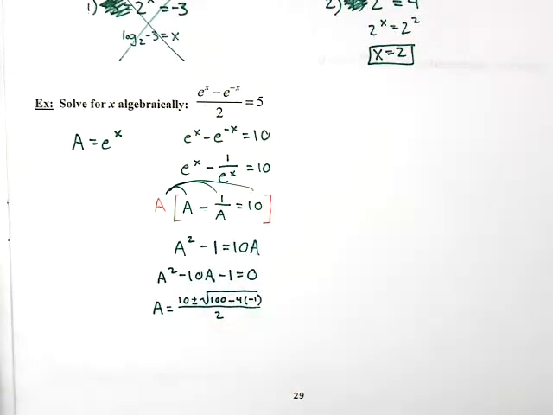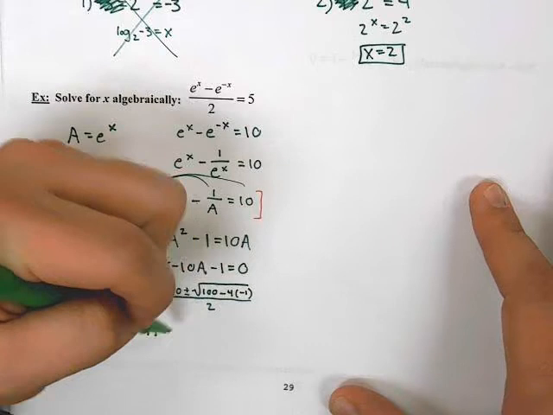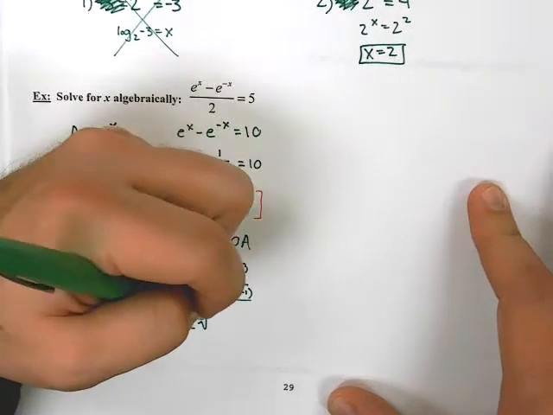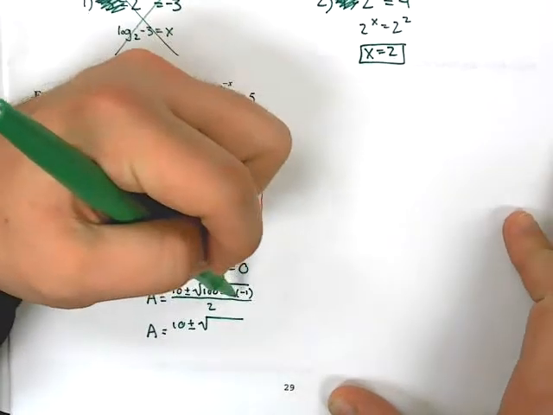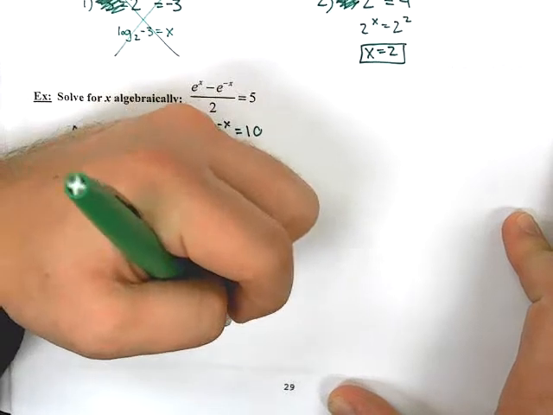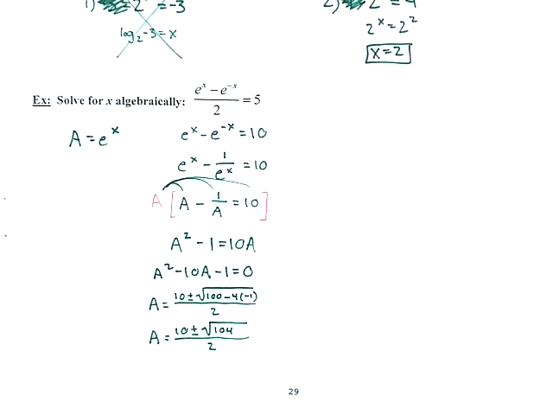Okay, good, this is easy. a is equal to 10 plus or minus the square root of, be really careful, negative 4 times negative 1 is positive 4, so 104, all over 2.